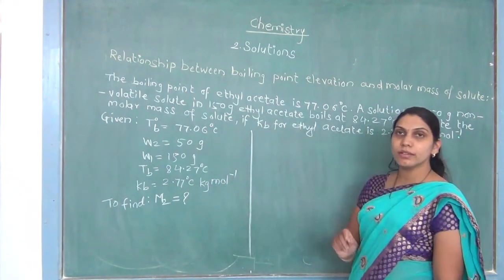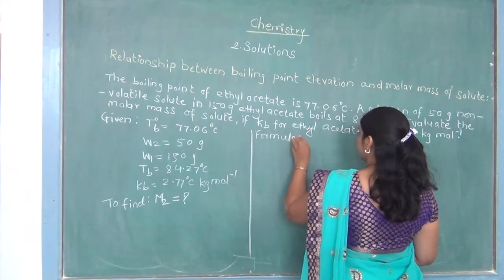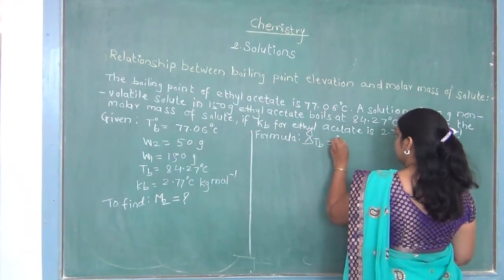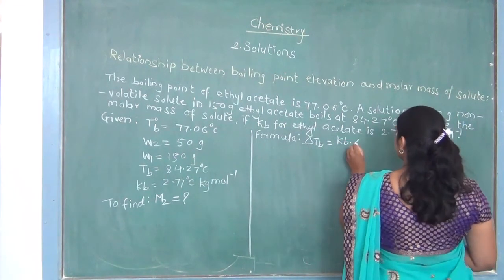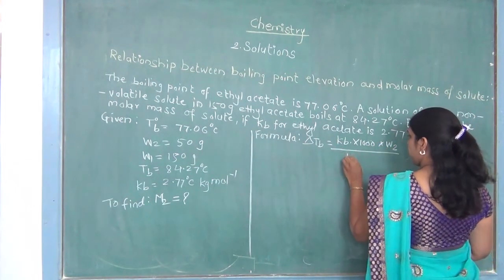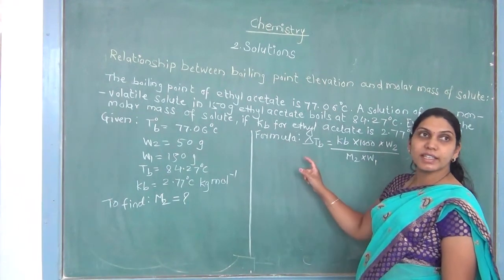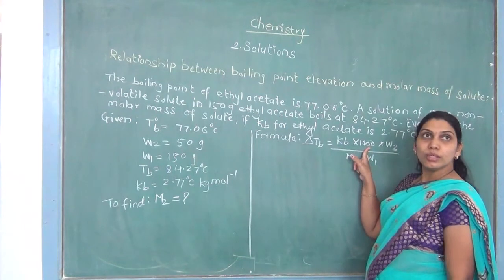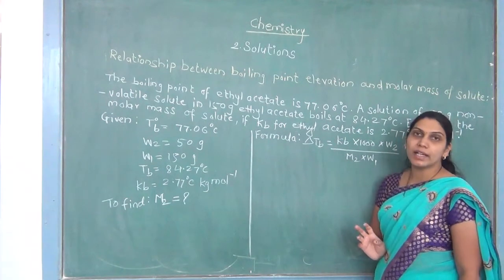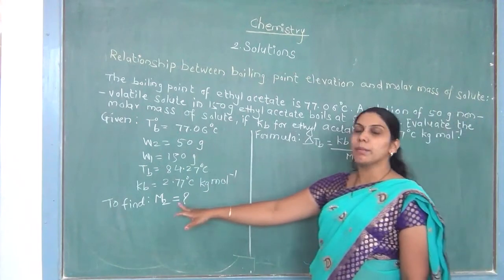M2 is equal to question mark. Further we will write the formula. Formula is delta TB is equal to Kb into 1000 into W2 divided by M2 into W1, and using this formula we will solve the numerical to find out the molar mass of solute.